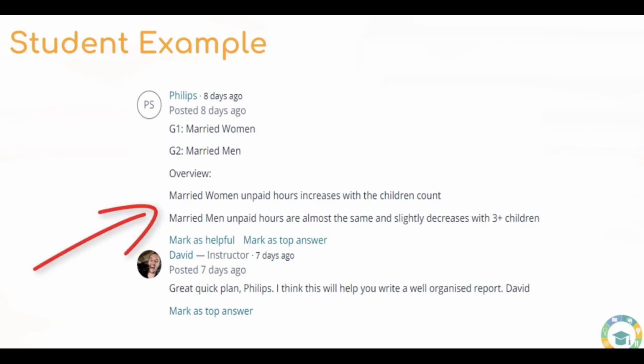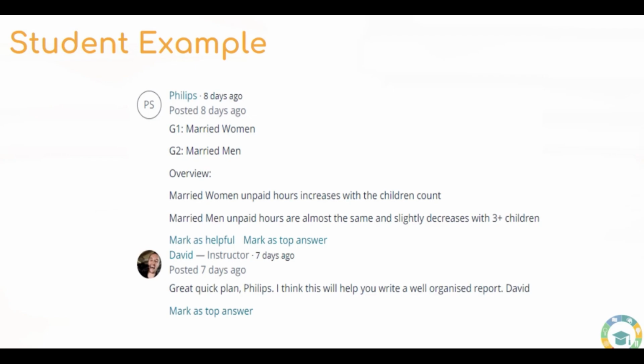Married women unpaid hours increases with the children count, with the amount of children. Okay, so I'm still thinking of employment and people having children. And the next part, married men unpaid hours are almost the same and slightly decrease with 3 plus children. So I'm definitely starting to think that the data is showing something about work and children.